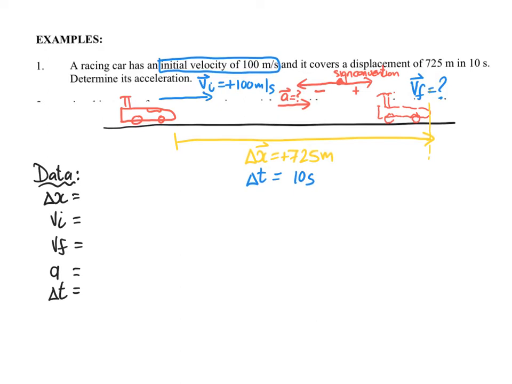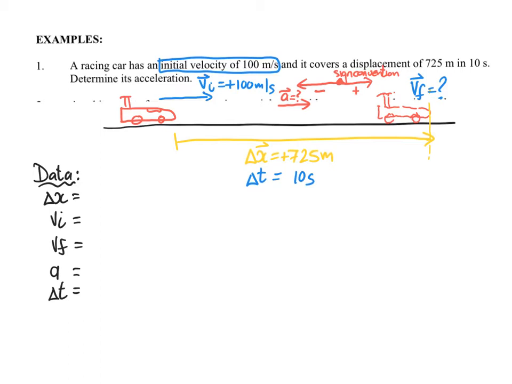And now, while albeit that data lists are not mandatory, I would strongly suggest that when you do these problems, that you set up a data list so that you can clearly see what you have and what you don't have. And especially when we get to two-body problems, where we have to take into account the motion of two separate bodies moving simultaneously, then it's very useful to have two separate data lists for the two objects that are moving.